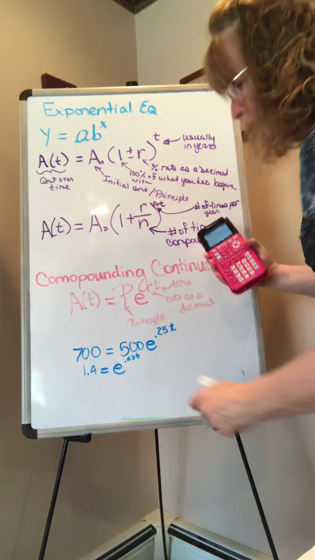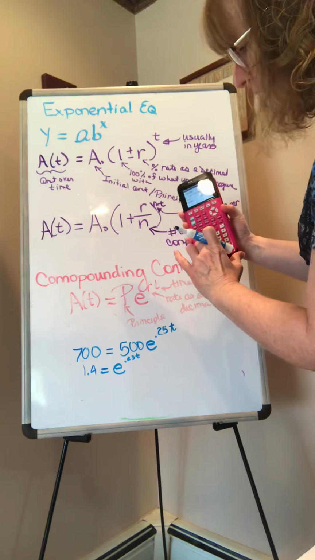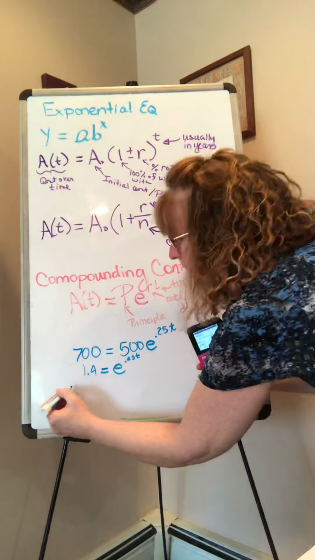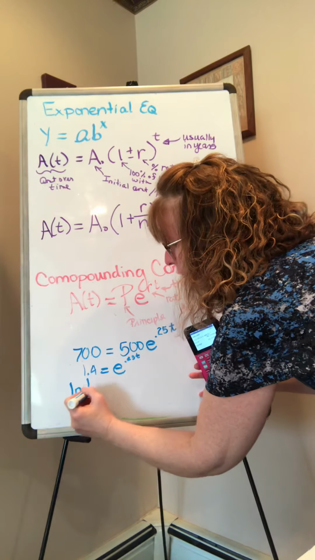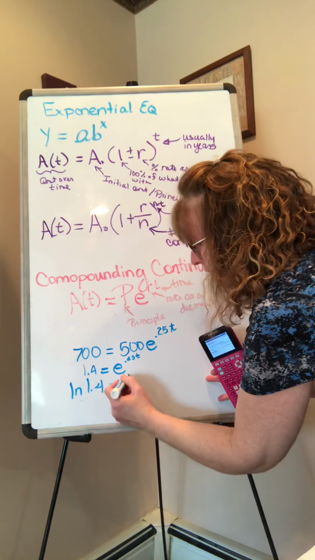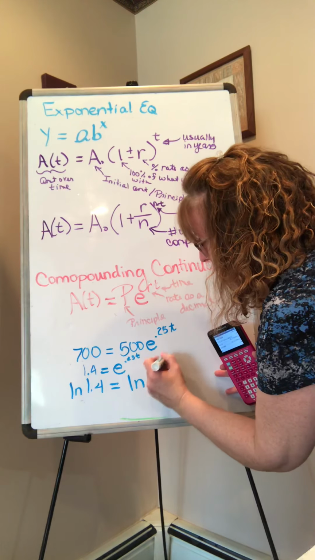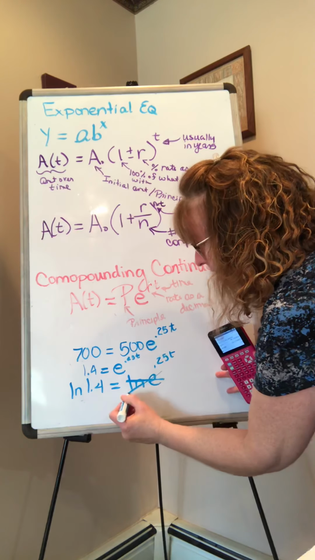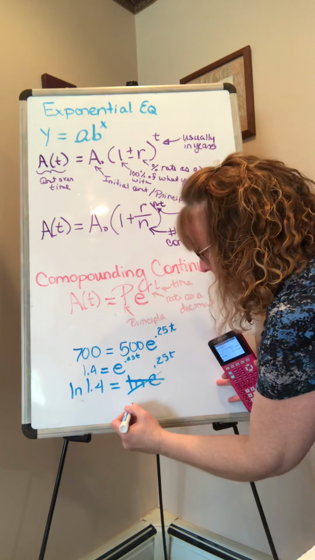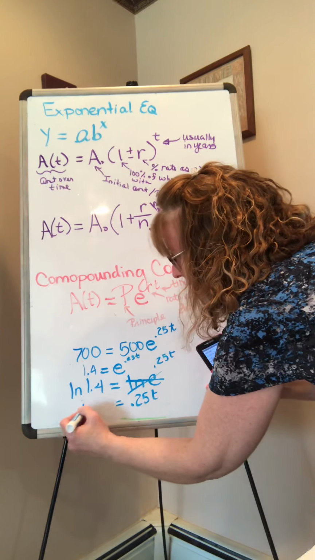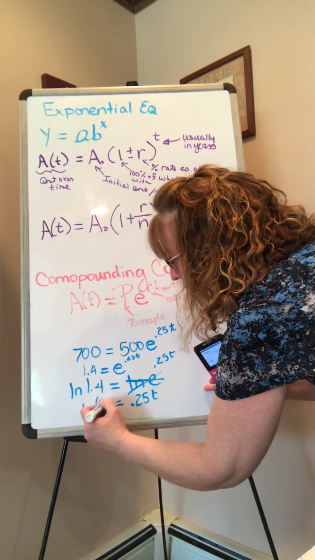Now e is the inverse natural log, just like all our lessons last week. So if I put the natural log on 1.4 and I put the natural log on e to the 0.25t, remember these guys cancel. And this guy drops down. 0.25t is equal to the natural log of 1.4.